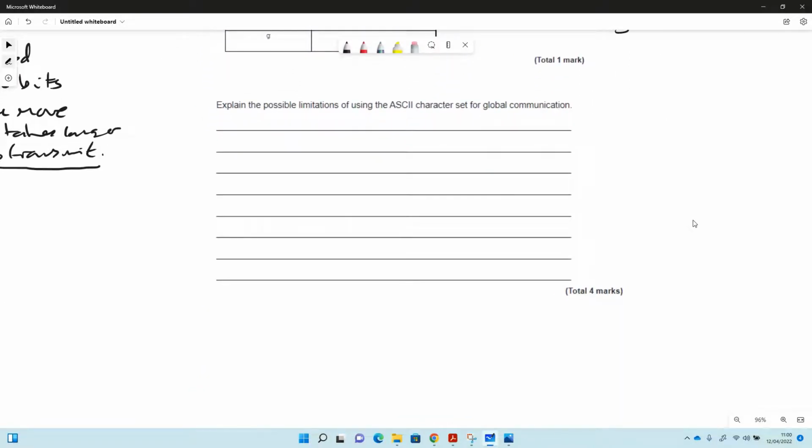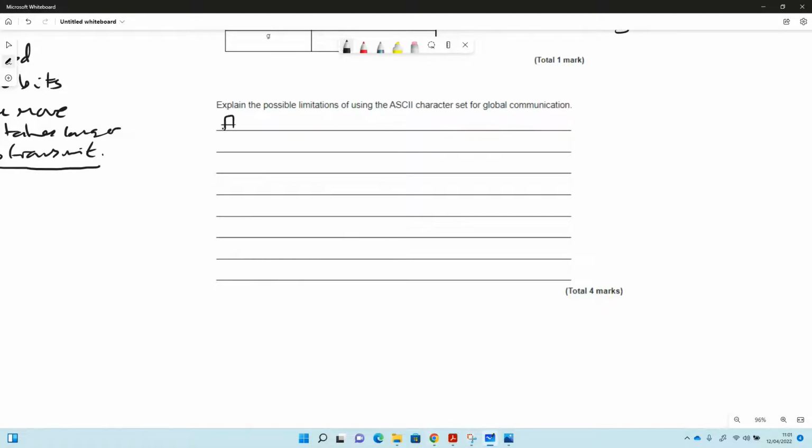Explain the possible limitations of using the ASCII character set for global communication. Okay, so global communication. What do we know about ASCII? Well, we know that it's only got 7 bits and therefore it's only got 128 characters. So we could say that first of all because we can prove that we know something.